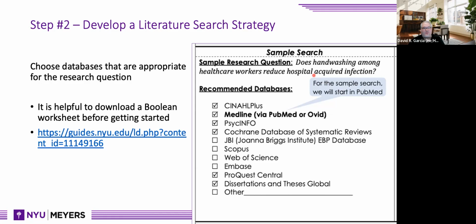So you'll select your recommended databases, whether it's CINAHL, which is nursing based, and then PubMed, which is more medicine, and then PsycInfo, which is a little bit more interdisciplinary. So some people usually start with those top 3. And then, of course, if you want to search for systematic reviews, you might look in Cochrane, or if you want to look for other types, they're all there. It's not necessary that you use all of these databases, though.